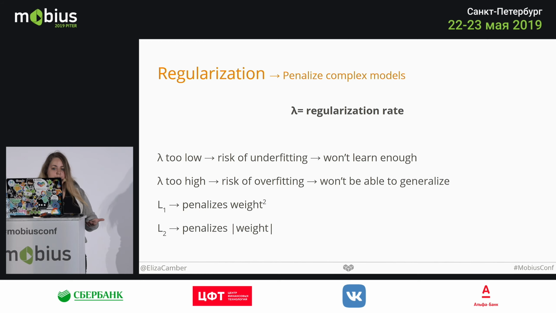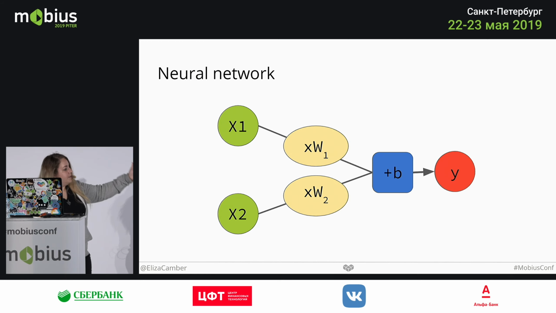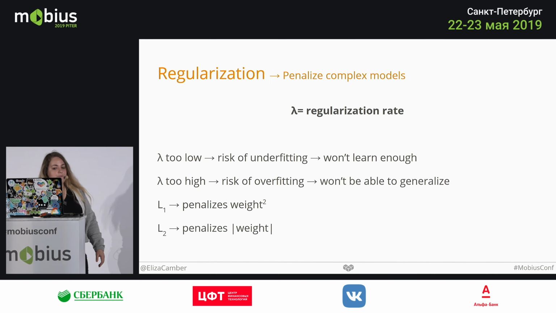So if you remember this, it's just penalizing those in order to be able to predict better. Of course, if the L is too high, then you risk being underfit. If it's too low, it's an underfit. If it's too high, it can overfit, which means that it won't be able to generalize. So you really have to find the perfect ratio over there to be able to have a nice model.